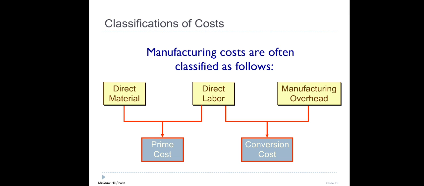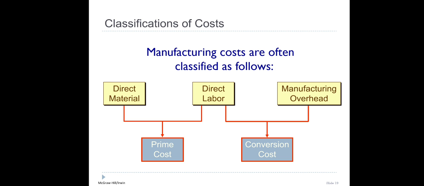These are the biggest portion of the cost that most businesses pay during the production process. So these two costs, direct material cost plus direct labor cost, are the biggest cost, so they are known as prime cost.